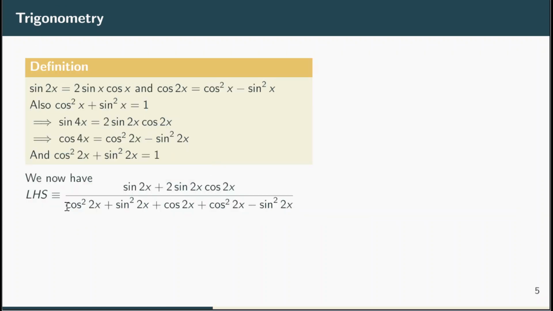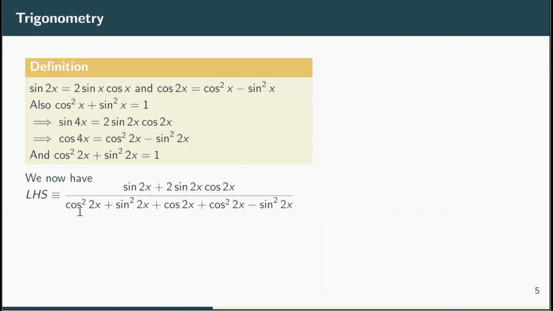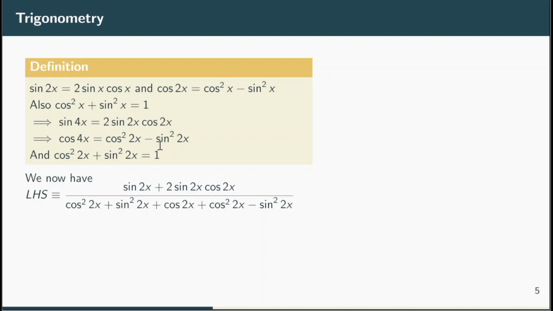And in the place of 1, I can use the Pythagorean identity, which gives cos squared 2x plus sine squared 2x. And I have cos 2x, which is this. And in the place of cos 4x, I will simplify it into cos squared 2x minus sine squared 2x. So I substitute it there, and here it is.